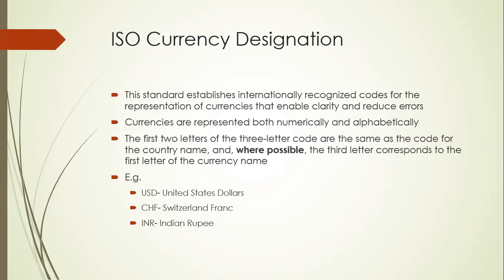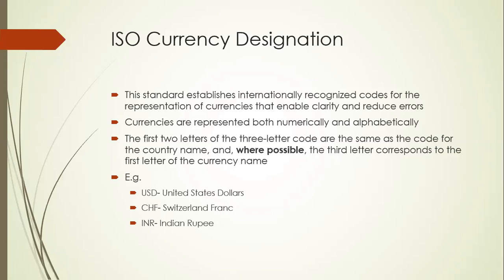They are designated by ISO. It is a three-letter code in which the first two letters represent the country name and the third letter represents the currency name. So in INR, IN denotes the country name India and R denotes the currency name rupee.